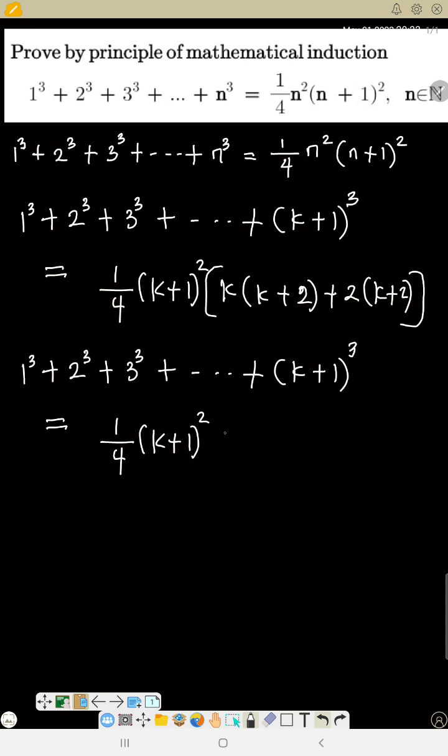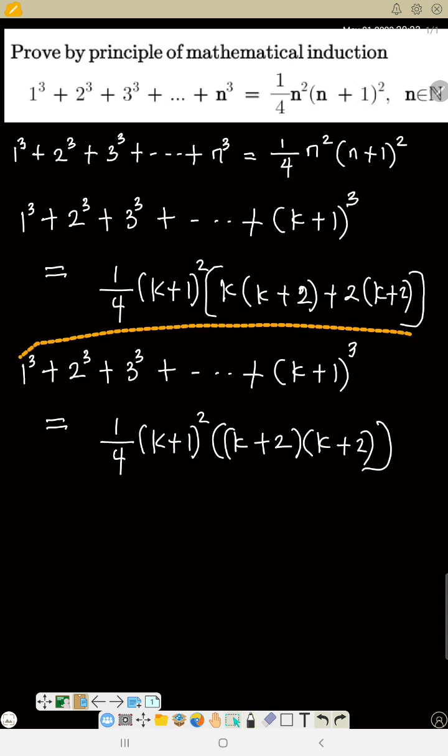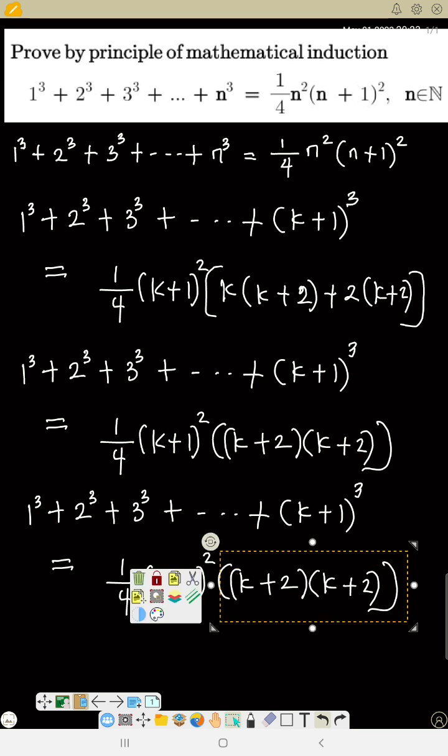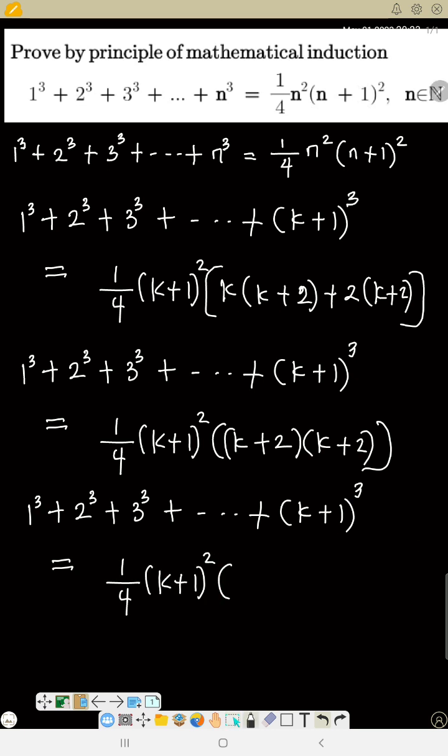So now this will be k plus 2, another k plus 2, because k plus 2 is common. Take 1, then take the outside one, k plus 2. So next step, k plus 2 times k plus 2 is k plus 2 square, like that.